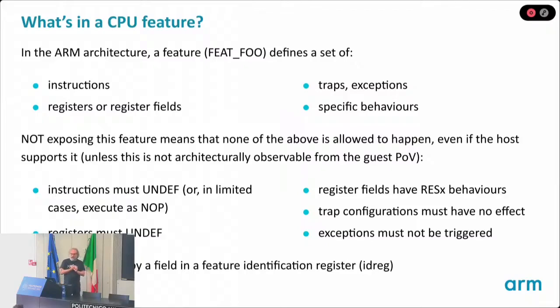Register fields must have reserved behaviors, and I'm going to touch on that in the next slide. If you have trap configuration, it must not take any effect. And the exceptions that your magic feature foo would normally trigger must not get triggered. And all that, at least in KVM, we control with a single feature field in an ID register. That's architected.